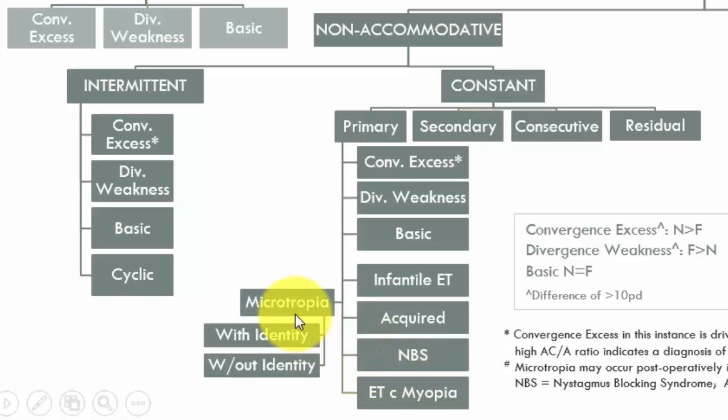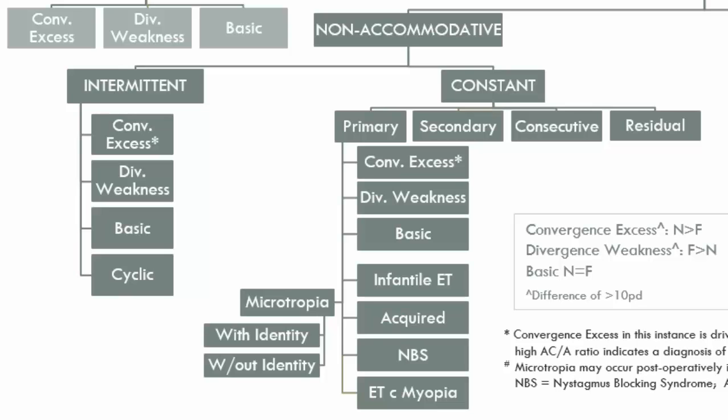Okay, and lastly over here we have the microtropia. So you'll recall this is a small angle strabismus that's generally about 5 degrees or less, and we can subclassify these patients as having a microtropia with identity or a microtropia without identity. It's also worth noting that with a microtropia patient, they're not always primary deviations. They can occur post-operatively.